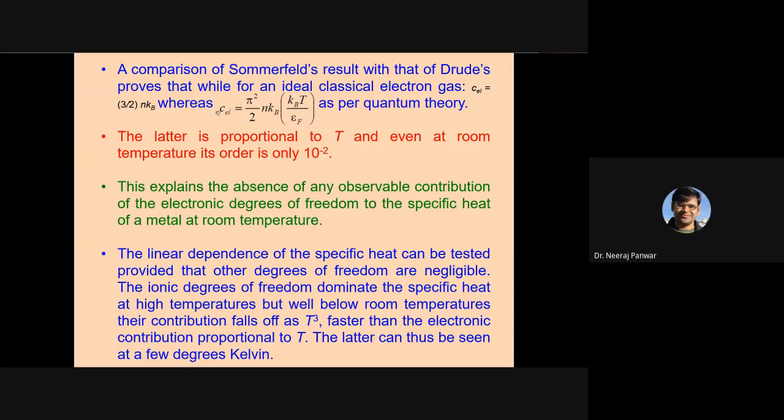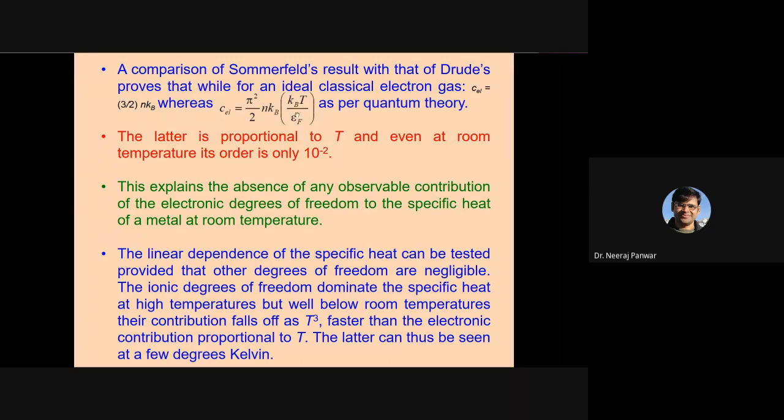And this is of the order of 10 to the power minus 2 smaller than the classical value at room temperature, and this is what is observed experimentally. Because the electronic contribution to the specific heat at room temperature is very, very small, this explains the absence of any observable contribution of electronic degrees of freedom to the specific heat of a metal at room temperature.